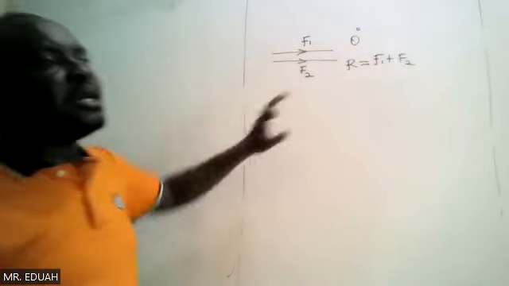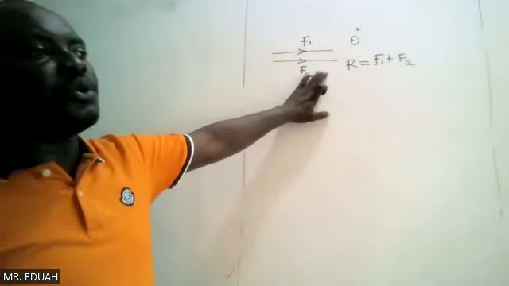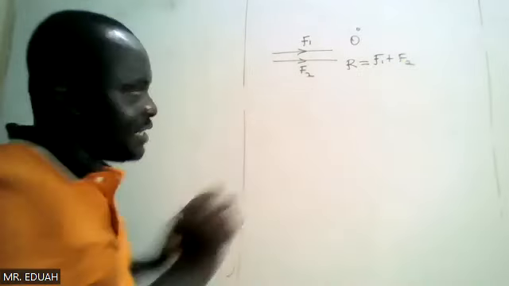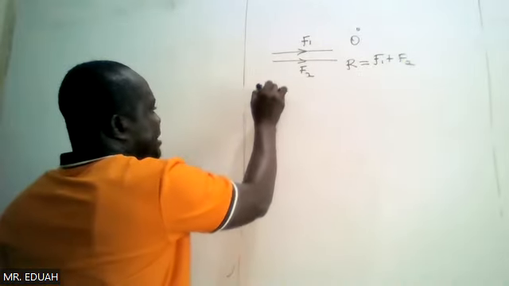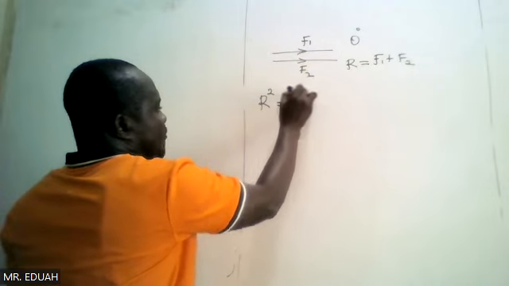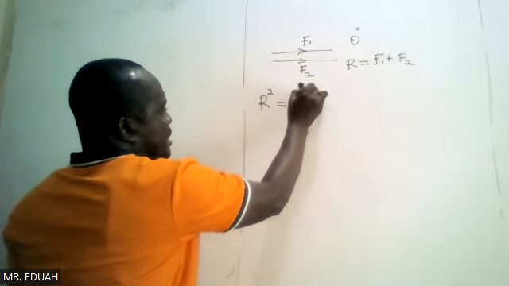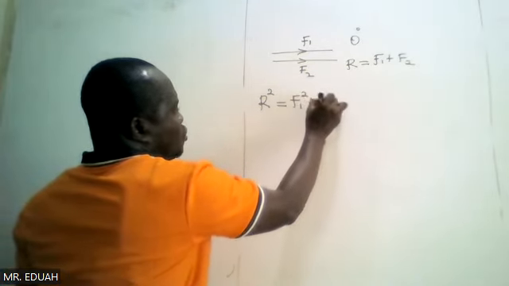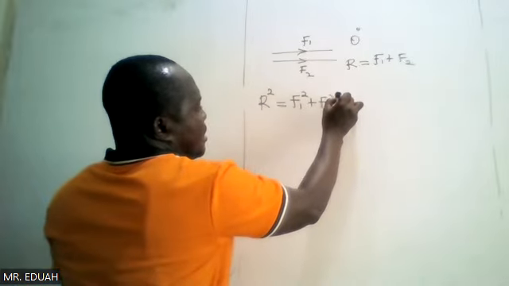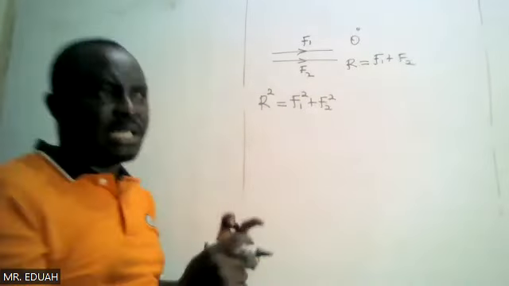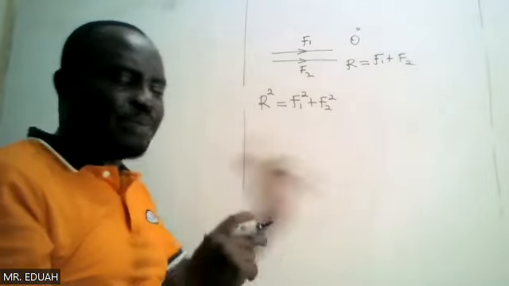We can use the cosine rule to get the same thing. Look at it. R squared is equal to F1 squared plus F2 squared. Okay, if you are subtracting theta from 180, it's minus.